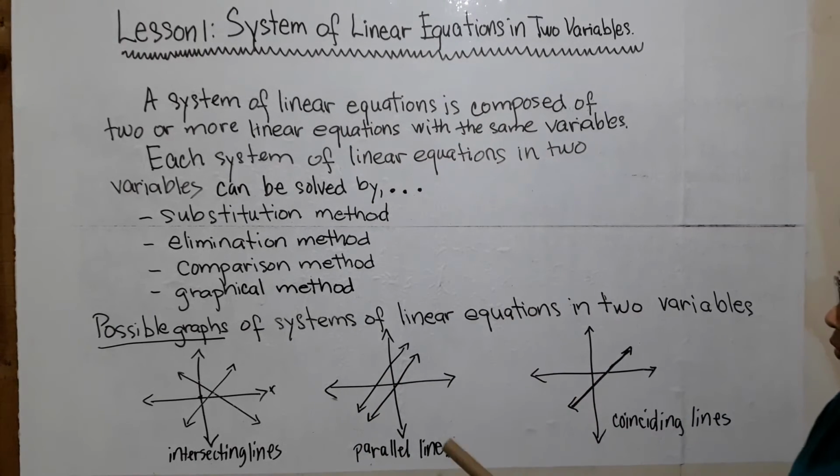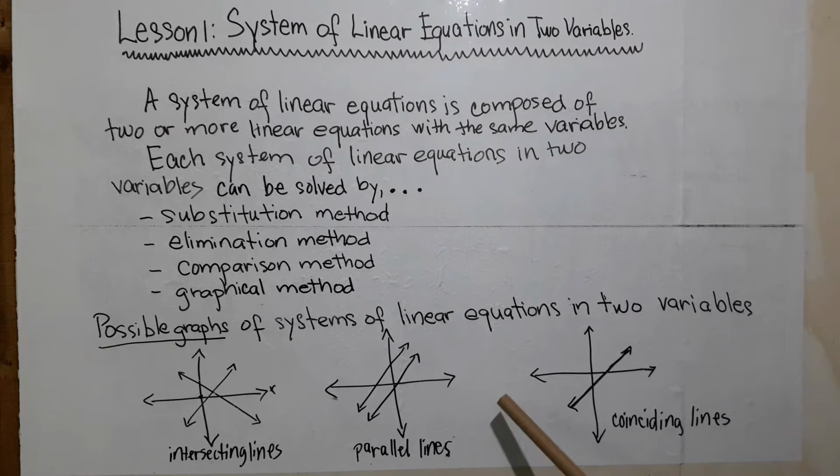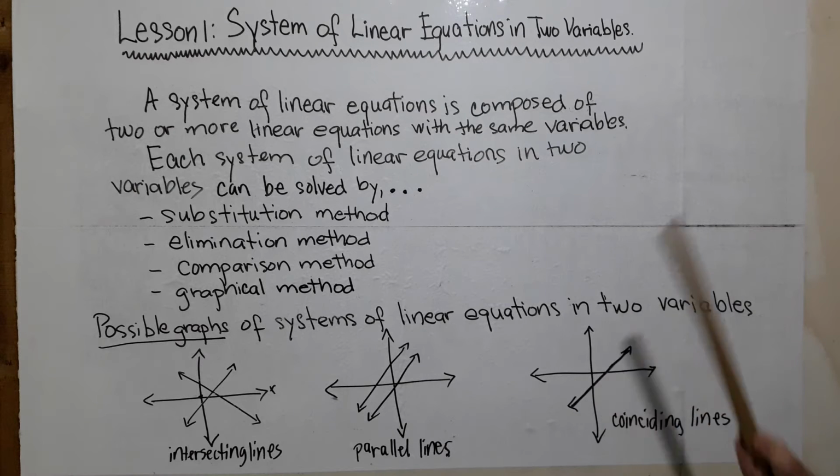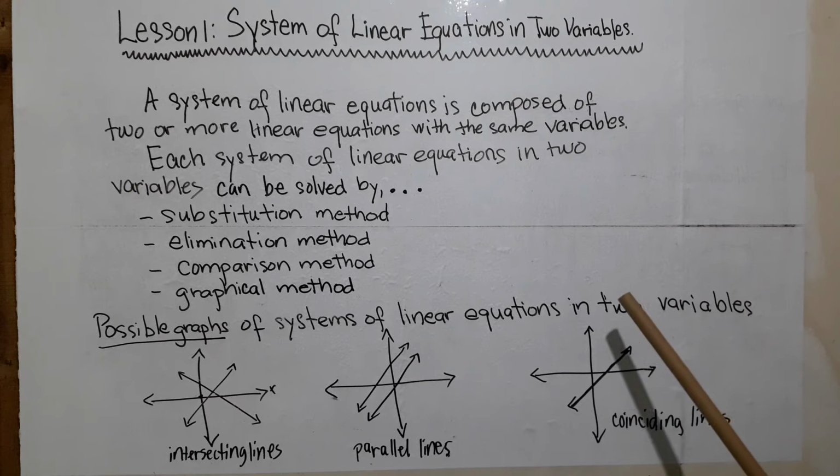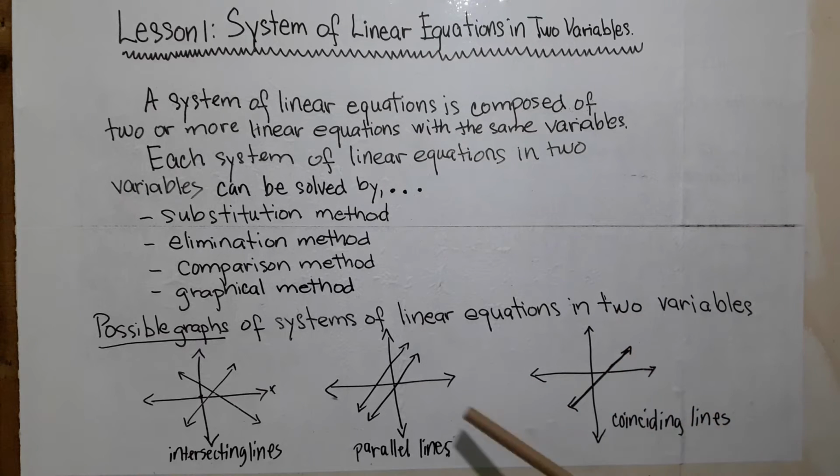But if the graph looks like this, wherein the lines coincide, this means there are many solutions to the system of linear equations. So these are the three possible graphs of any system of linear equations in two variables.